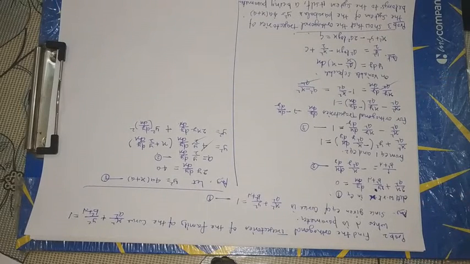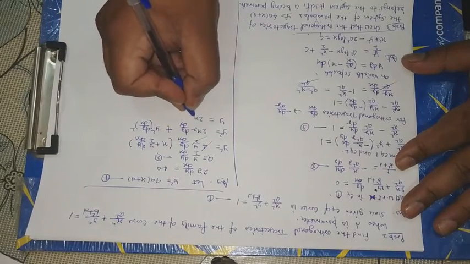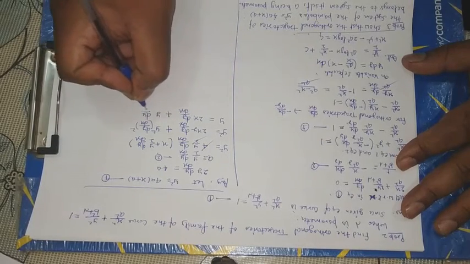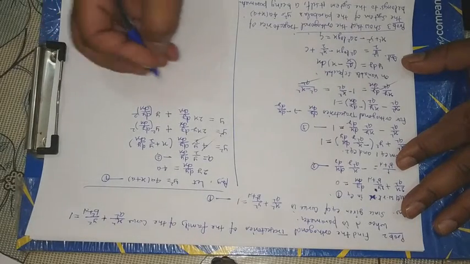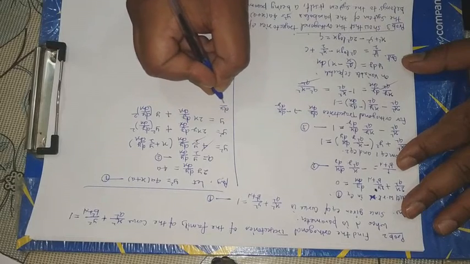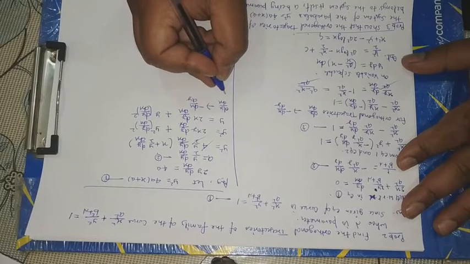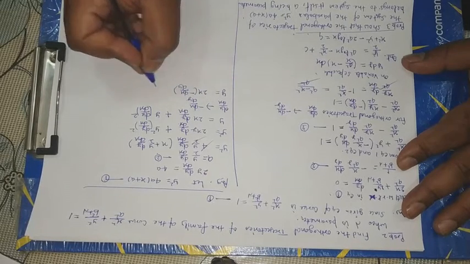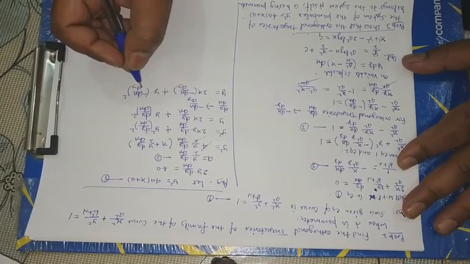Now one y is cancelled on both sides, that is, y is equal to 2x dy dx plus y dy upon dx whole square. For orthogonal trajectory, dy dx is replaced by minus dx upon dy. That is, we can write here y equal to 2x into minus dx upon dy plus y into minus dx upon dy whole square.